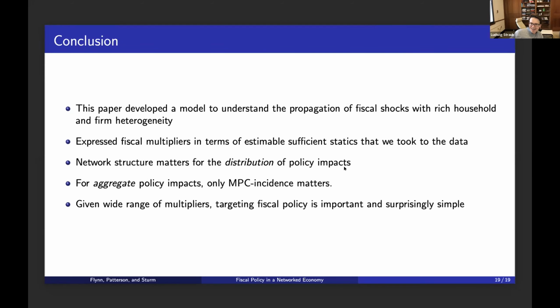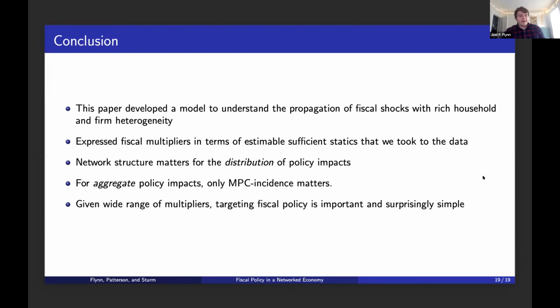Great. Can I ask a question? Are linear Engel curves typical? Wouldn't it be that if you increase someone's wealth or income, they might change their composition of consumption goods?